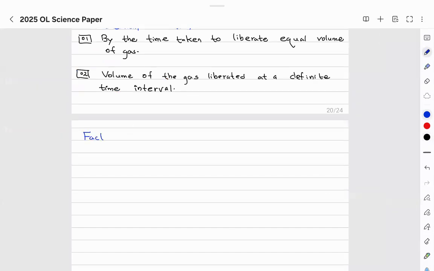Factors affecting the rate of reaction. Number one, physical nature. Number two, catalyst.